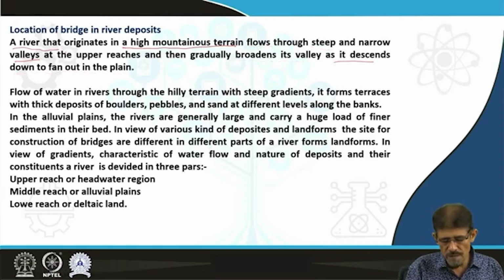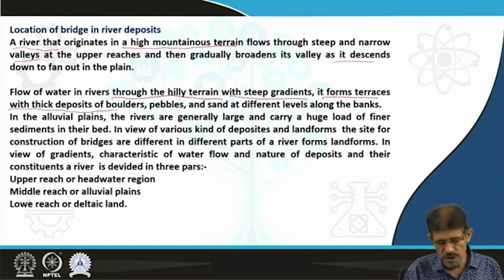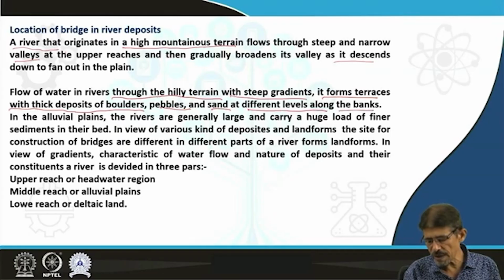The flow of water in rivers through hilly terrain with steep gradients forms terraces with thick deposits of boulders, pebbles and sand at different levels along the banks, but of limited thickness.